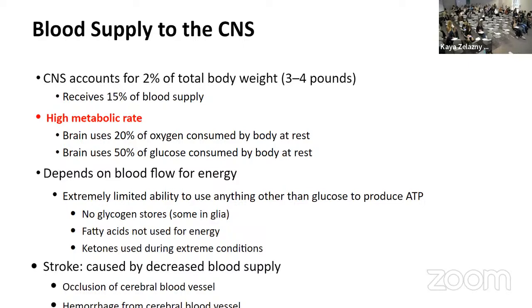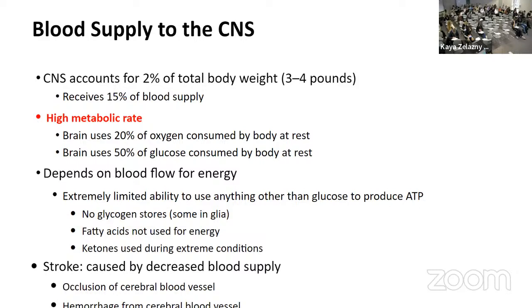The other thing that happens to be true about your brain is that it can't really use anything other than glucose for energy. Other cells in your body can break down glycogen potentially. They can potentially break down fats, triglycerides, maybe they can break down proteins, depending on your nutritional state and what cell we're talking about, but your neurons can't do that. So they really thrive on glucose and practically nothing else.